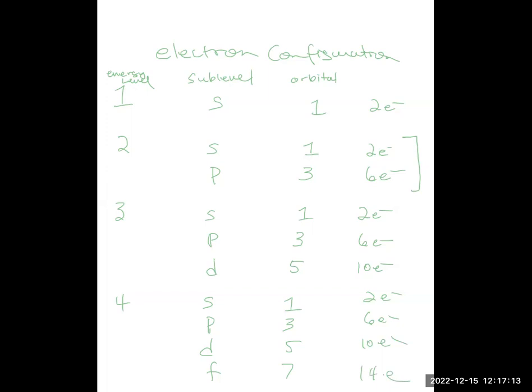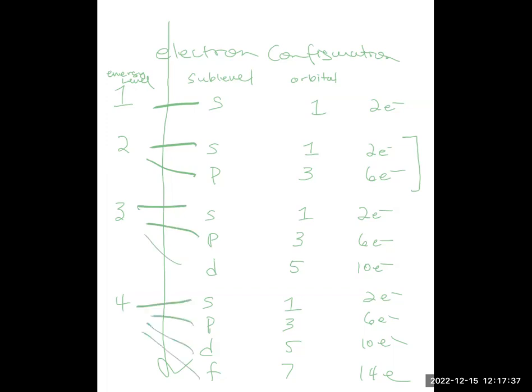And as you put electrons into the configuration for each element, you're merely going to go in order of filling of energy. So you're going to fill 1s first, then 2s, then 2p, then 3s, then 3p, then 3d, then 4s, then 4p, then 4d, then 4f.